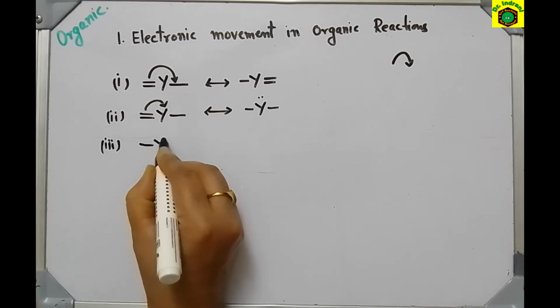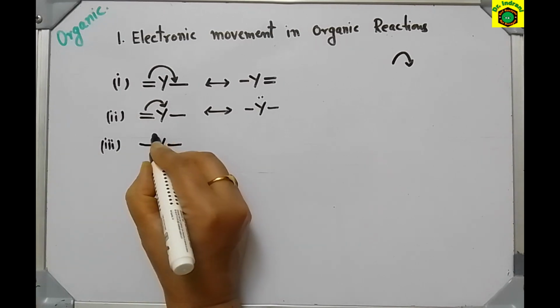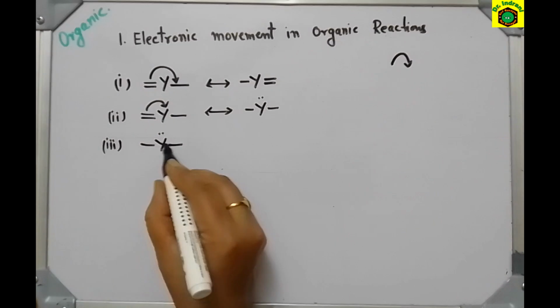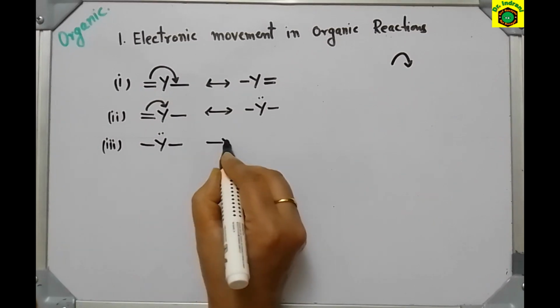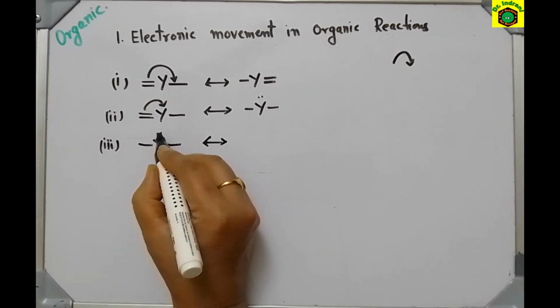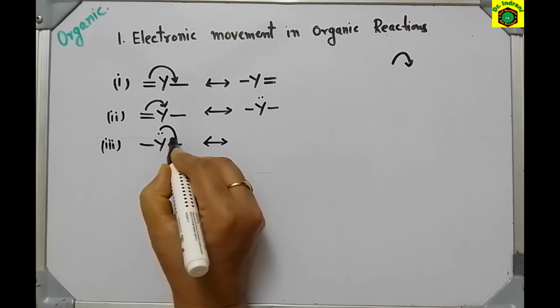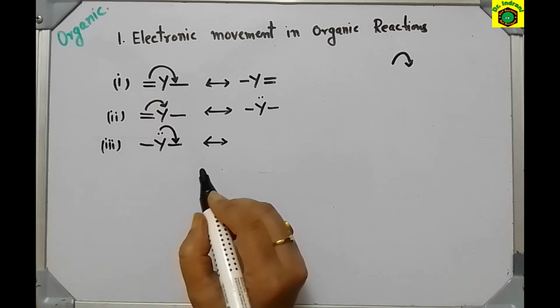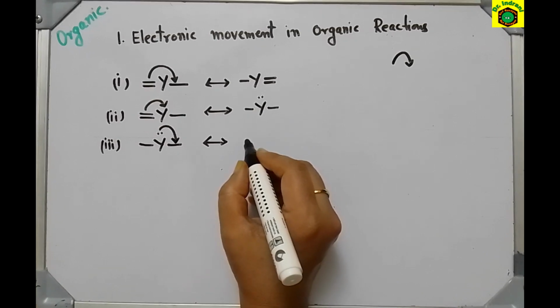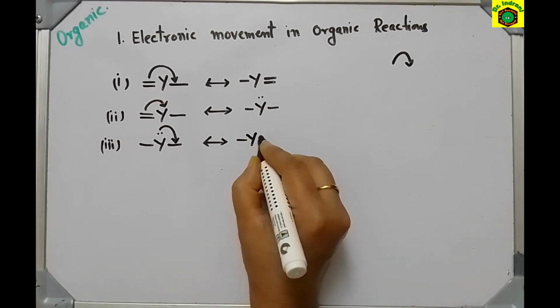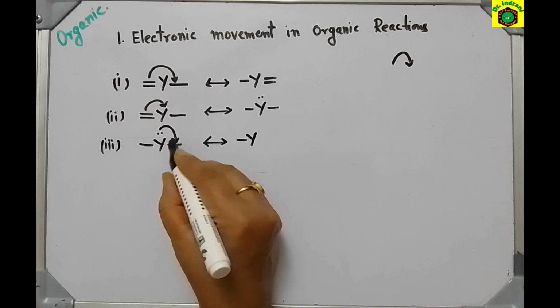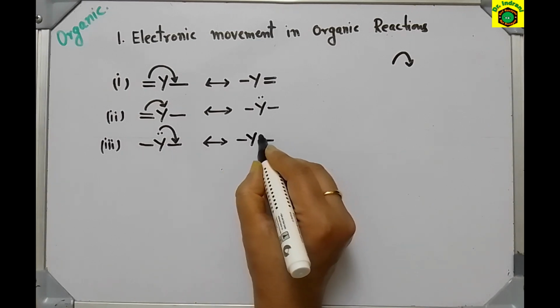Another possibility is there. Suppose you are having a lone pair on this atom. So here 2 sigma bonds are there. This lone pair of electrons can shift here. So what will happen now? We will get one pi bond here.